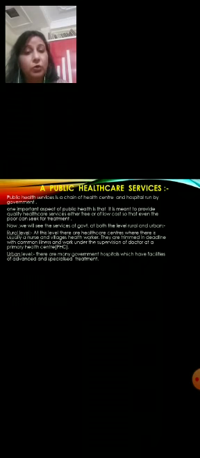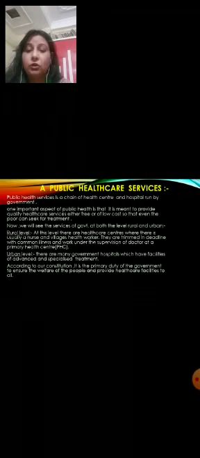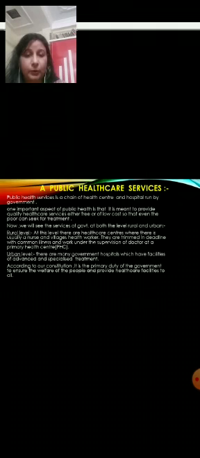Next, at the urban level, that is at town level, there are many government hospitals which have facilities of advanced and specialized treatment. According to our constitution, it is the primary duty of the government to ensure the welfare of the people and provide healthcare facilities to all.